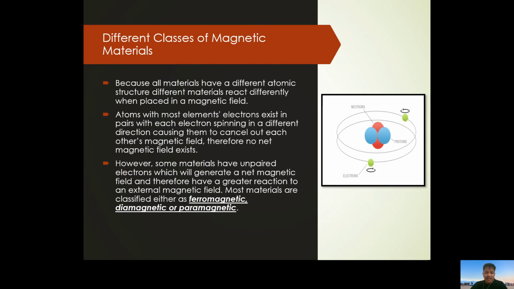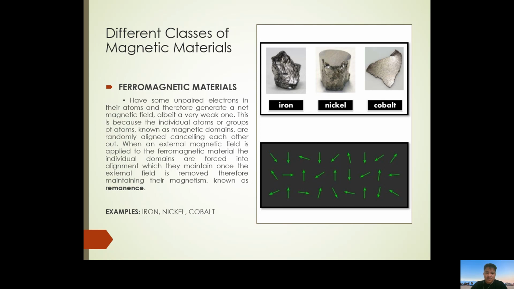To summarize, these three materials are the ones that have a greater reaction to an external magnetic field. That is the reason why these magnetic materials have these classifications. To go deeper, we will be explaining each one of them.